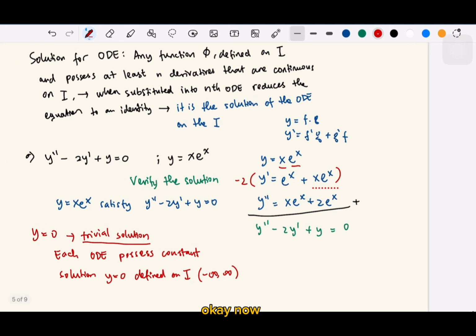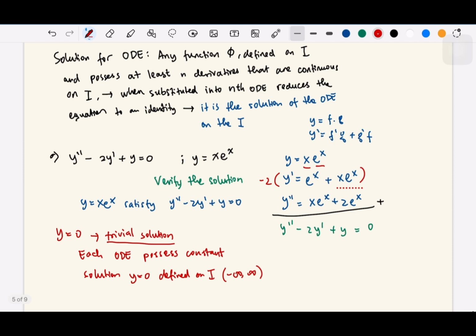Okay, now trivial solution. If you think about it, especially for ordinary differential equations, y equals 0 can be one of the possible solutions for all differential equations.